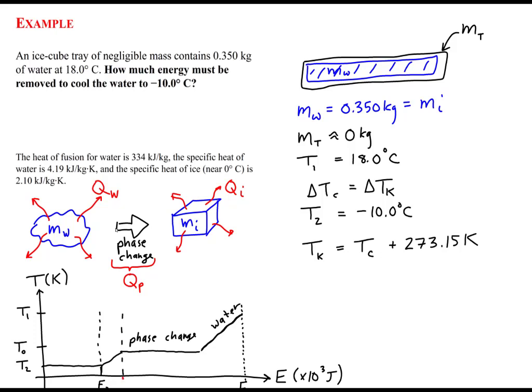So let's look at the regions in which these different processes are occurring. The region from right to left, we're in water. Then we are phase changing from water to ice, and then we have transition to ice.